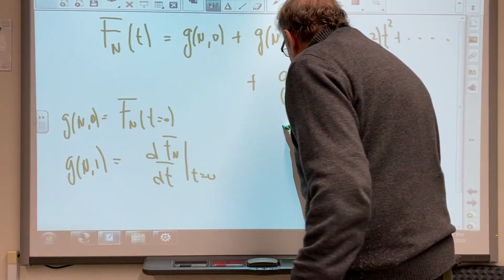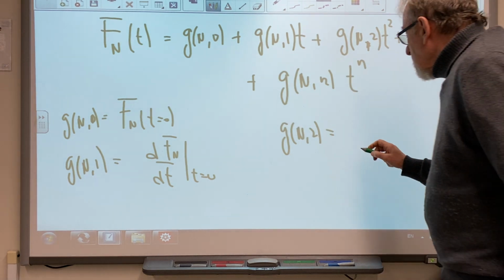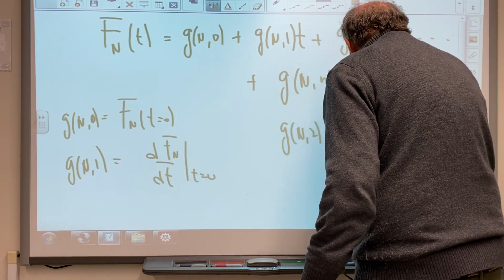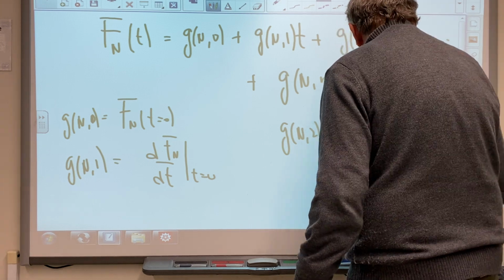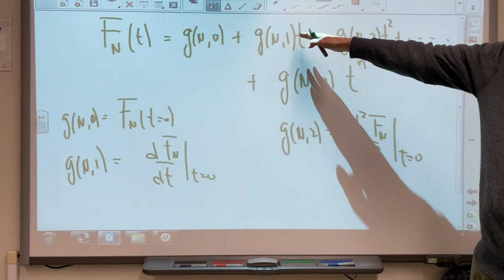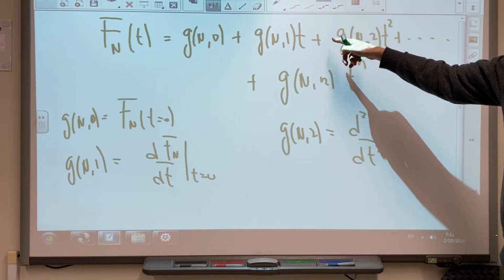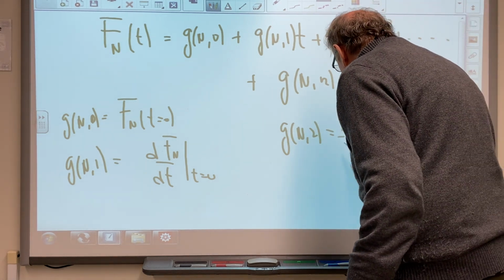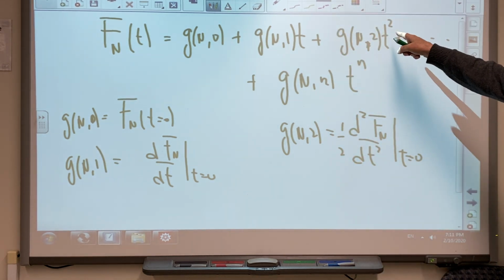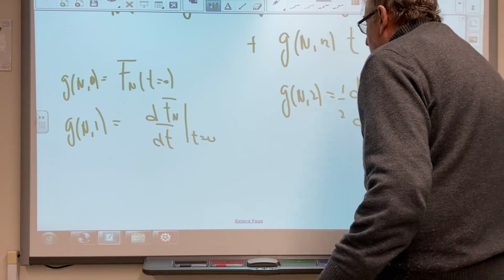And if I need the g of n 2, assuming that I know the function, I have to take the second derivative of f n with respect to t twice at t equals 0. Only that when I do that, this term goes away, this term goes away when I do two derivatives, and this term will give me the first time 2t and the second time 2. So I have to divide by the factor 2, because what the second derivative gives me is twice this. And if I need the third term, I will get a factor of 2 and a factor of 3, so you immediately see where this is going.